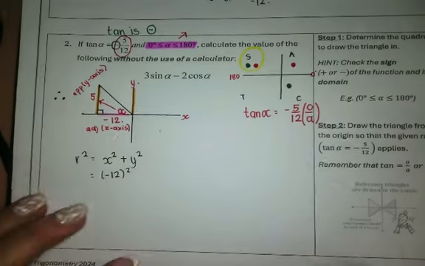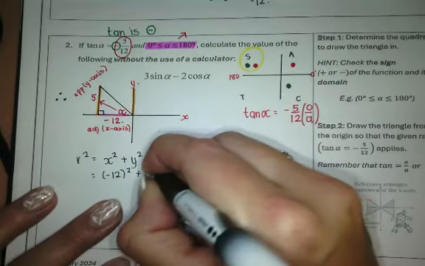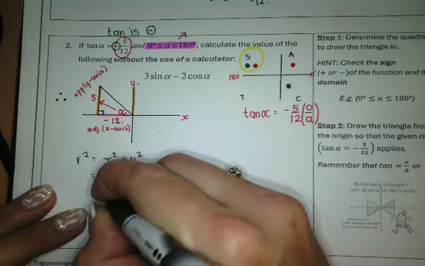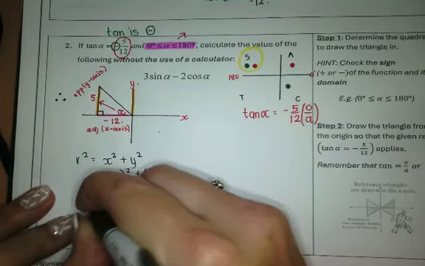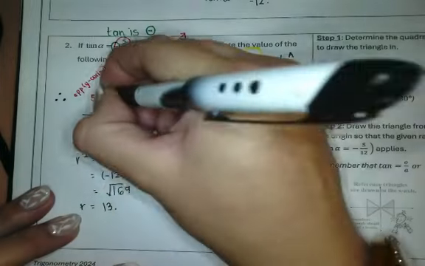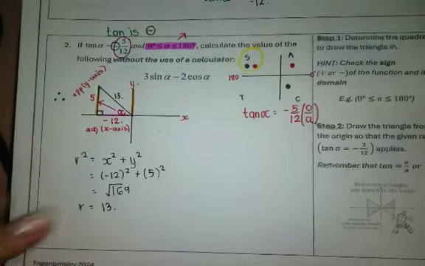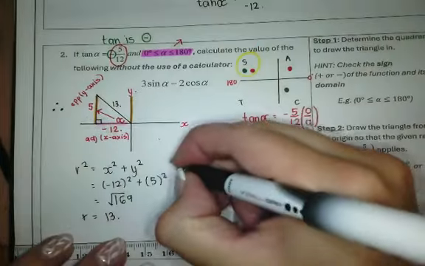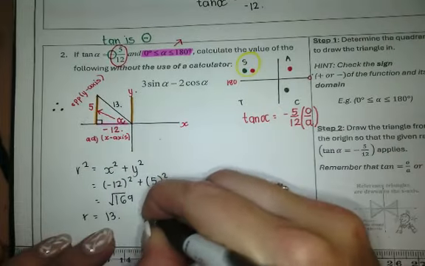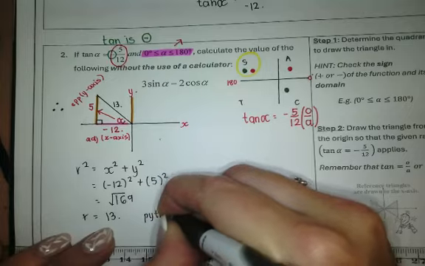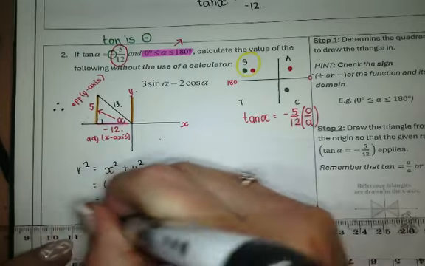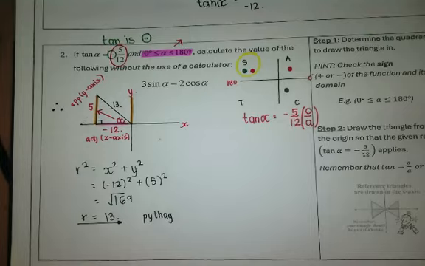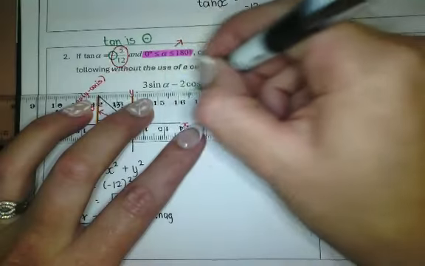That's going to be negative 12 squared plus 5 squared, the same as the question above, just asked differently. So this is going to be the square root of 169, so r is going to be 13. Our hypotenuse is 13, and we used Pythagoras.